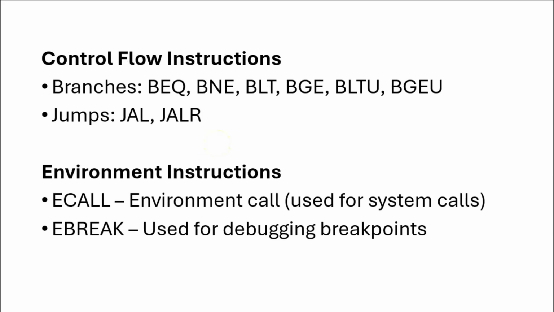Next are the control flow instructions, by that I mean instructions like BEQ, branch if equal, BNE, branch if not equal, and so on. Then followed by the environment instructions. These are things like ECALL and EBREAK. ECALL is for environment call, used for system calls.